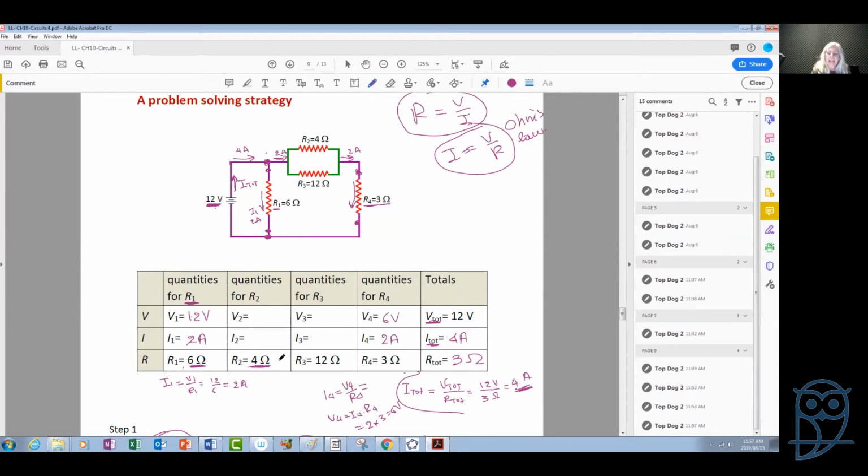All right, so 6 volts. If we had the voltmeter here across the resistor R4, it would read 6 volts.